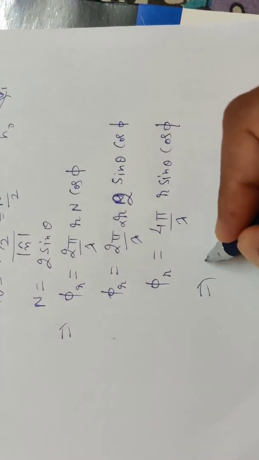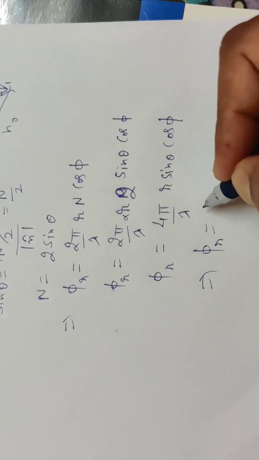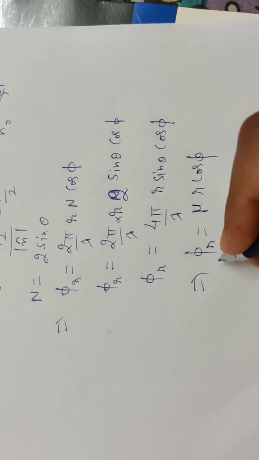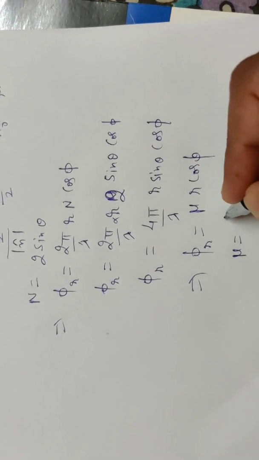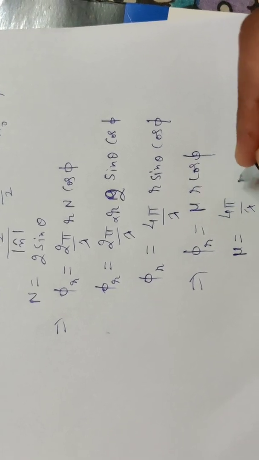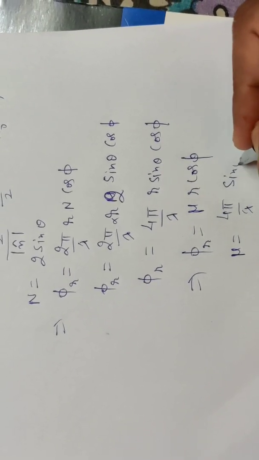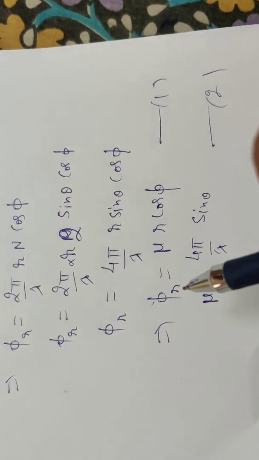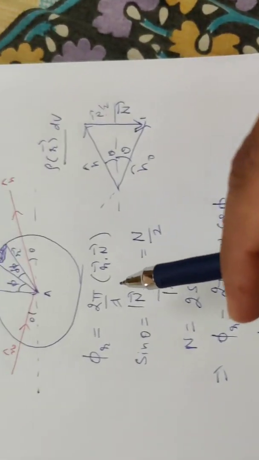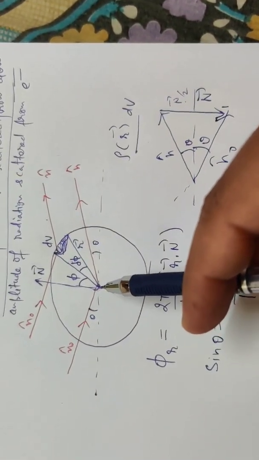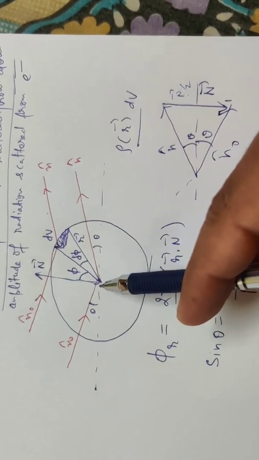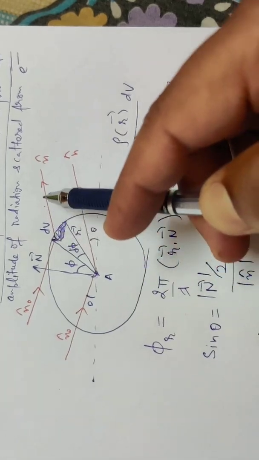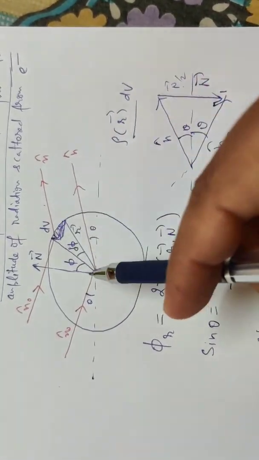You can also write this in a simple way as mu r cos phi, where mu is equal to 4 pi upon lambda into sin theta. Here phi r is the phase difference between the scattering from the point electron and the scattering from this charge distribution.